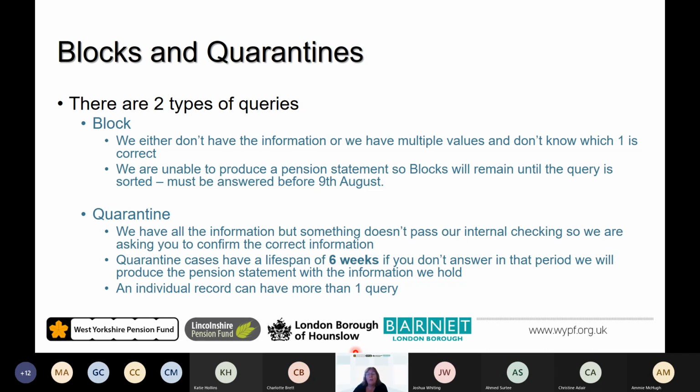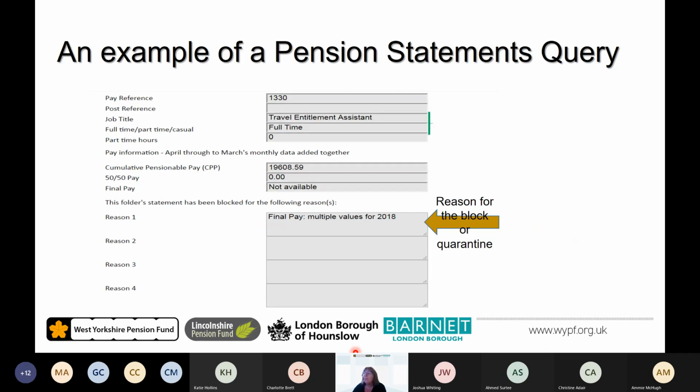Now, an individual record may have more than one query. So this particular example here, we've got the job title. So make sure you're looking at the right job if you've got staff that have got multiple jobs. This is the cumulative pensionable pay figure that you've given us.